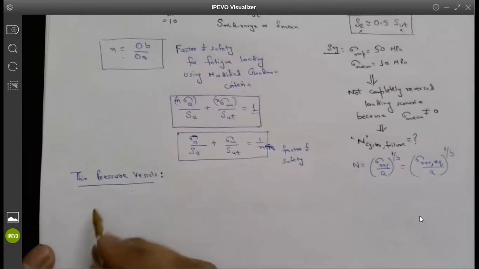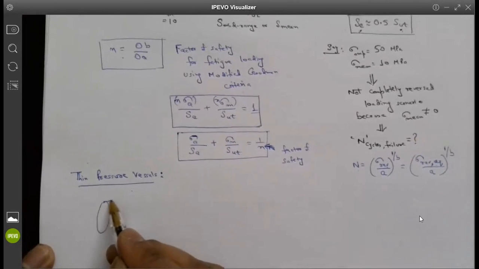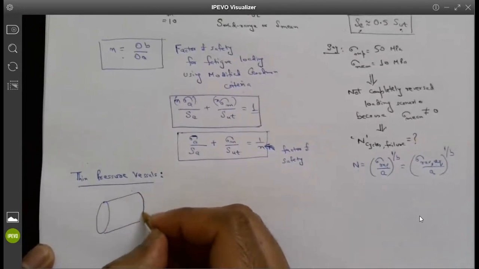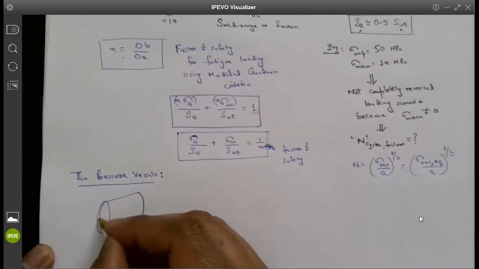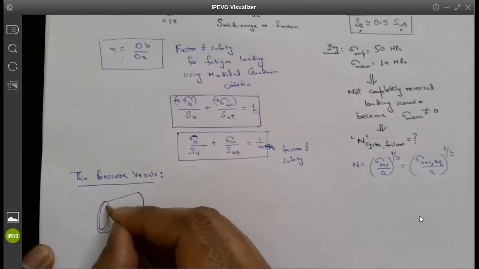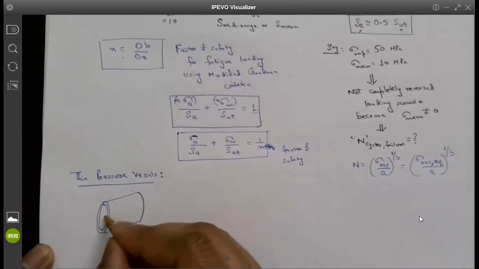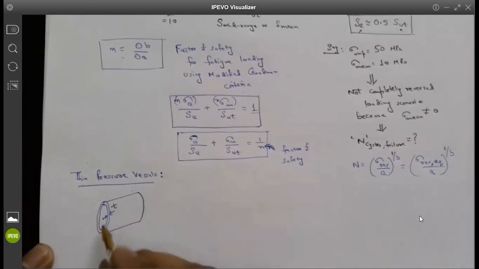So for example, let's say you have a thin pressure vessel, and a thin pressure vessel basically means that you have a vessel which is cylindrical in shape and closed, and it has a very thin shell, or basically the thickness is very, very small as compared to the radius. That is what we call thin pressure vessels.